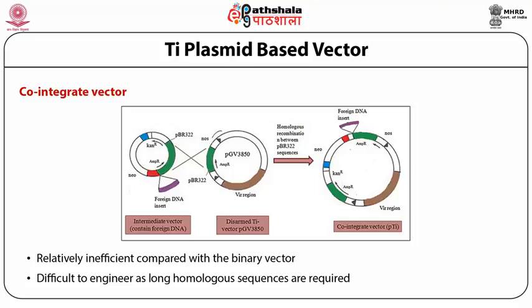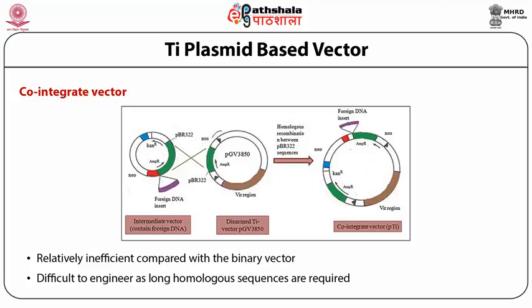So what is done is the Ti plasmid is disarmed: the genes coding for the production of auxin, cytokinins, and opines, present in the tDNA portion flanked by left and right borders, are all removed by genetic engineering. They are replaced by the sequences of the pBR322 vector as well as a marker gene, in this case an ampicillin gene, as shown in this picture. This disarmed vector is transferred back into Agrobacterium tumefaciens.